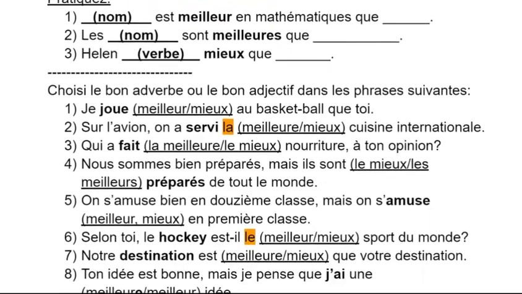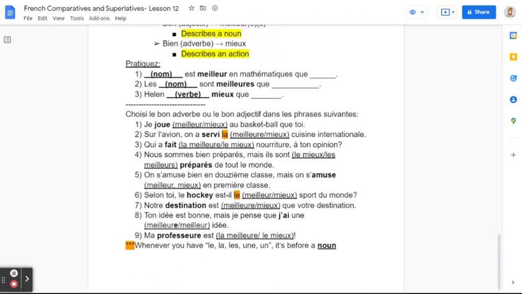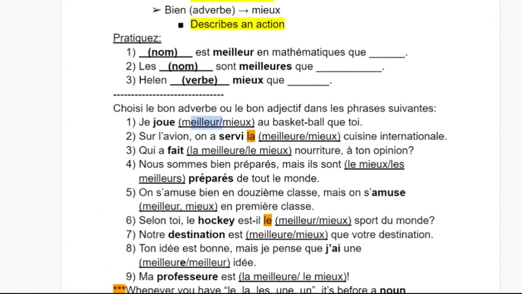So here are some practice questions for the general lesson. You're going to choose the correct or most appropriate adverb or adjective in each of the sentences below. So for example, je joue, you're going to circle either meilleur or mieux, au basket que toi.